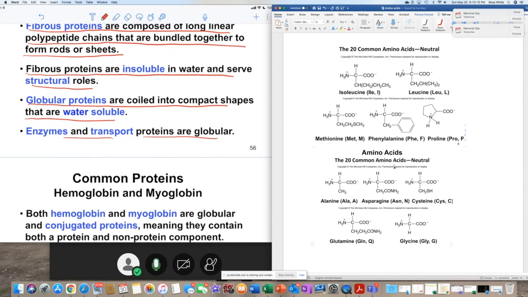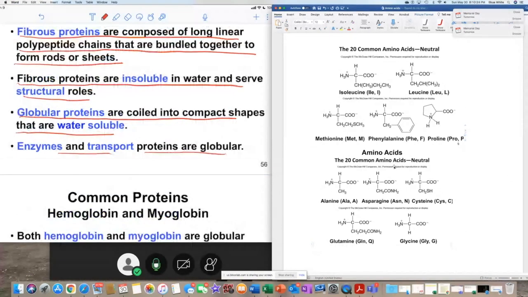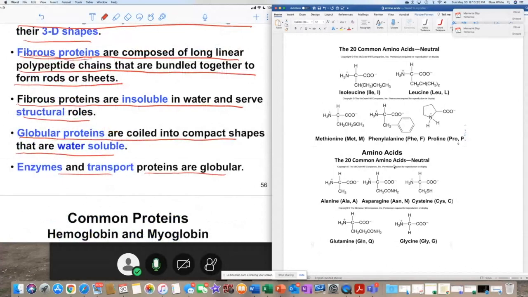We have enzymes and transport proteins that are globular. This is just showing you different types of proteins that are structured and packed differently based on their function. The fibrous proteins remind me of rope, right? They're long, they're linear, they're bundled together to form rods or sheets. And for that reason, they're insoluble in water. Globular proteins have different functions. You have enzymes and transport proteins.